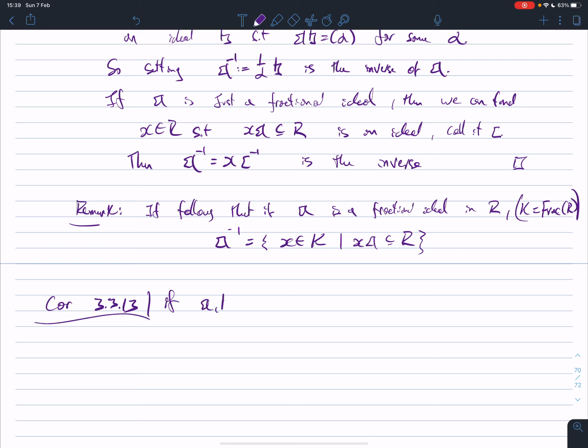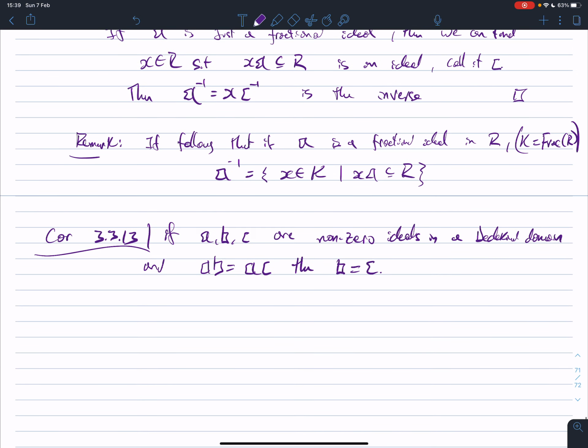If A, B, and C are non-zero ideals in a Dedekind domain, and I have A times B equals A times C, then B equals C. So I can cancel out A on both sides.